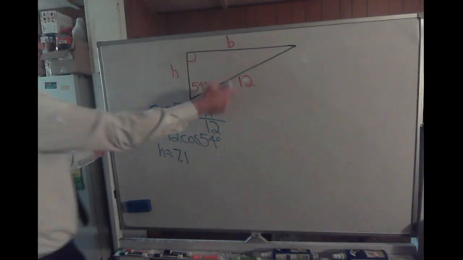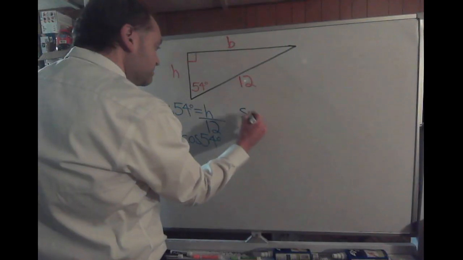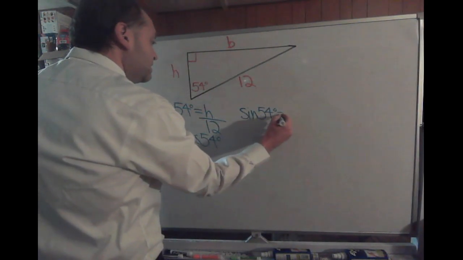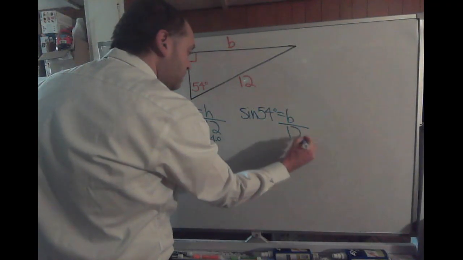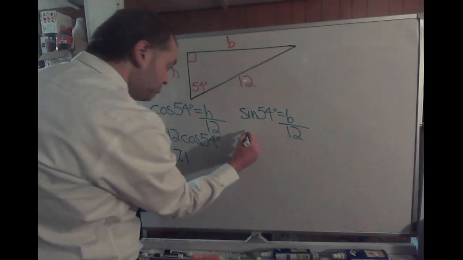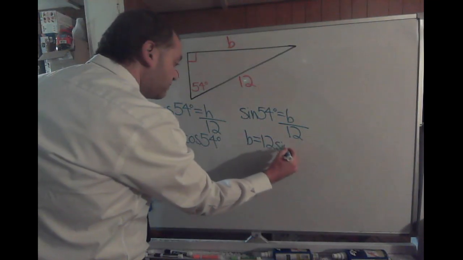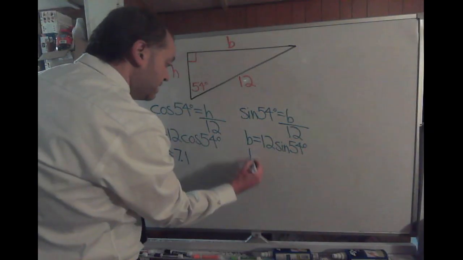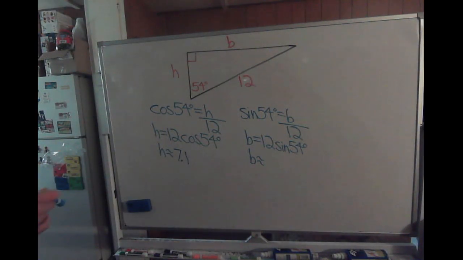So if you have opposite over hypotenuse, that's the sine ratio. So you'll set up your sine of 54 degrees, set that equal to your base over the length of the hypotenuse of 12. Now your base is equal to 12 times the sine of 54 degrees, which then will get a 1 decimal place approximation for the length of your base.